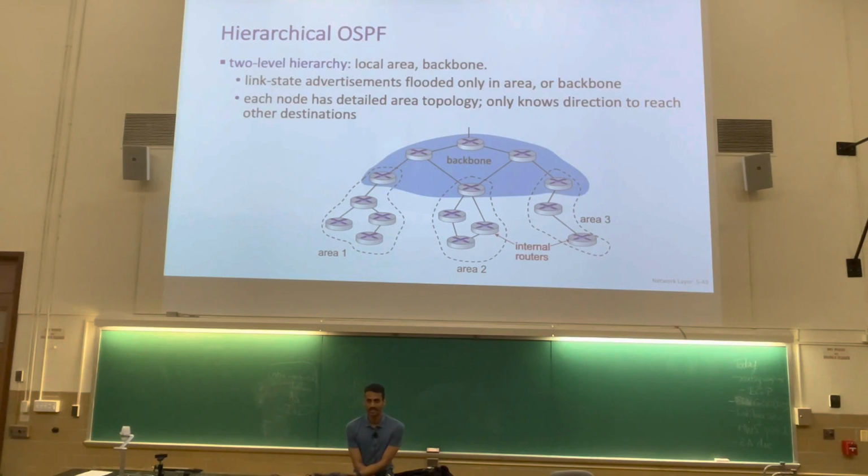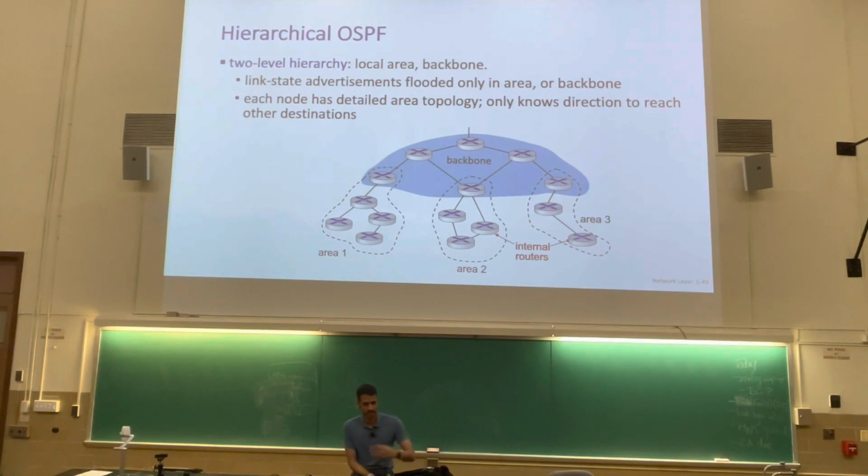In order to manage the scale, in order to avoid this order n squared message complexity, OSPF breaks down large networks into a backbone network and area networks. So there's a link state routing protocol just for the area networks, and then there's one link state routing protocol for the backbone. And there's really only one way to go from an area to the backbone. So if you want to go from area to area, you go through the backbone, right? There's not much of an option to do that.